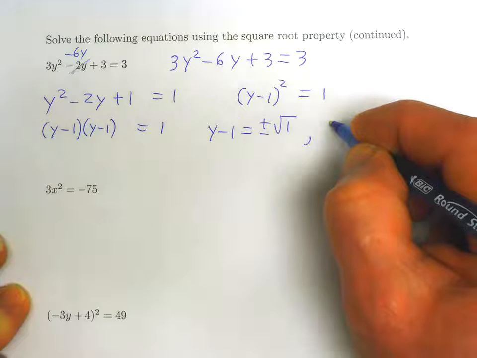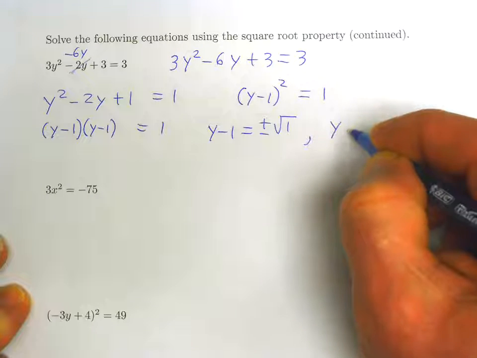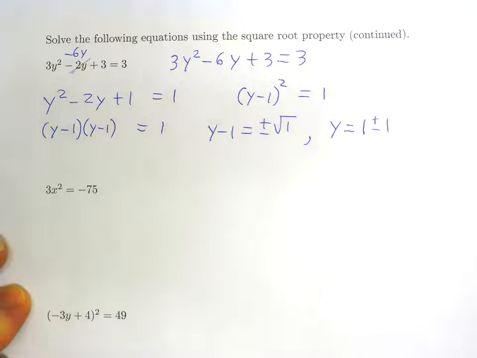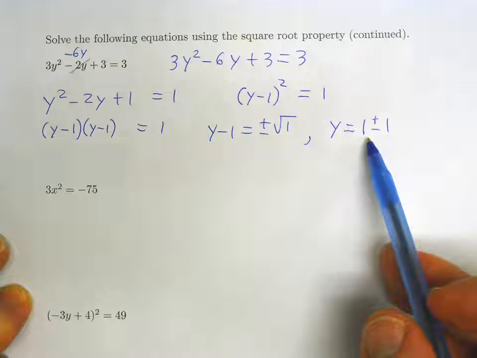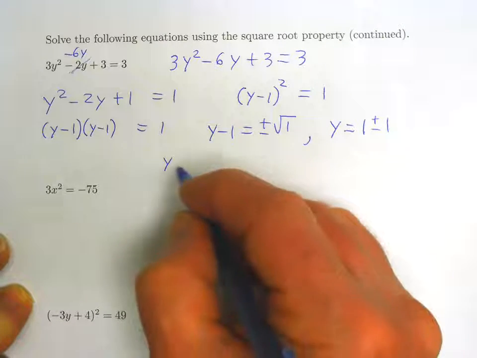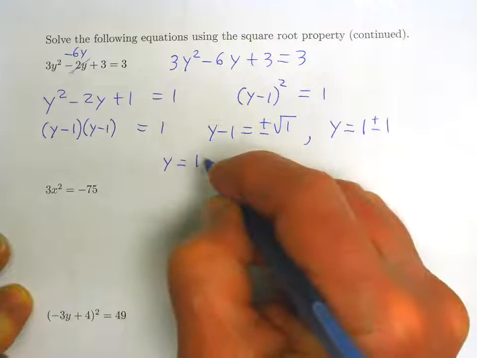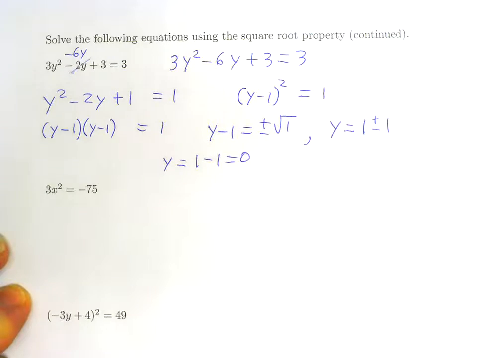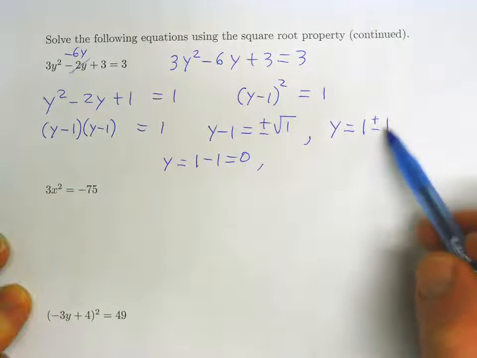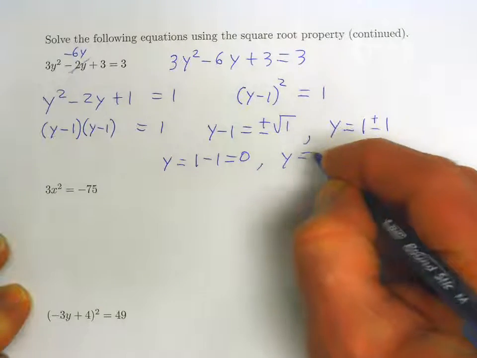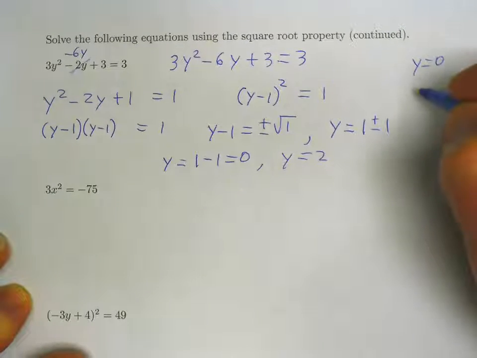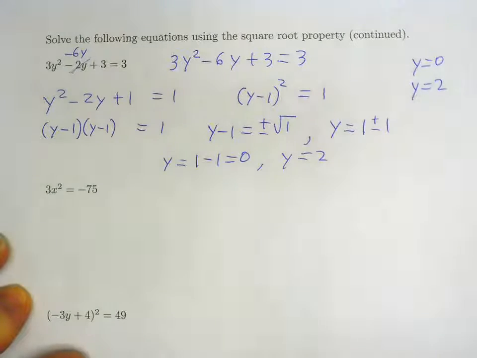So if I add 1 to both sides, we get y equals 1 plus and minus 1. We can simplify further, since both of those numbers are integers. One of the solutions is 1 minus 1, or 0. And the other solution is 1 plus 1, or 2. So in other words, y equals 0 and y equals positive 2 are the solutions.